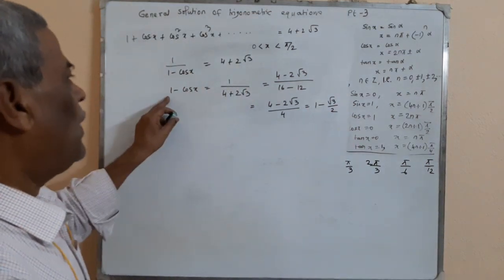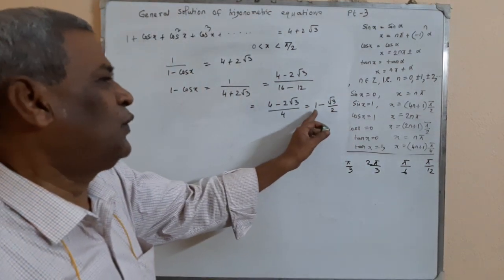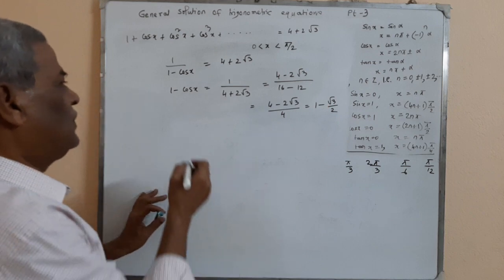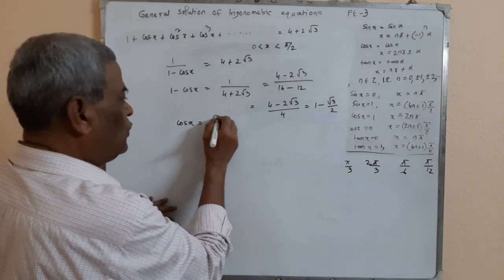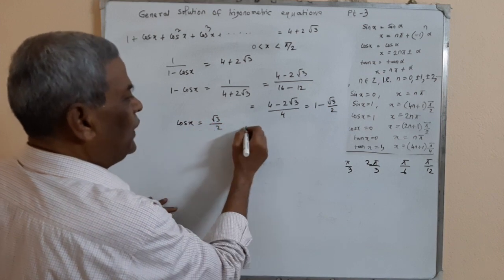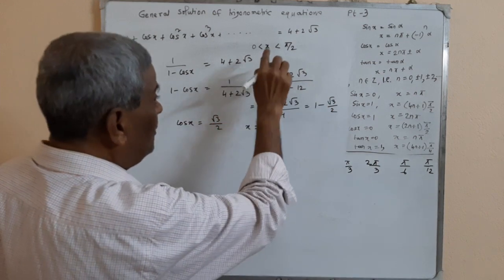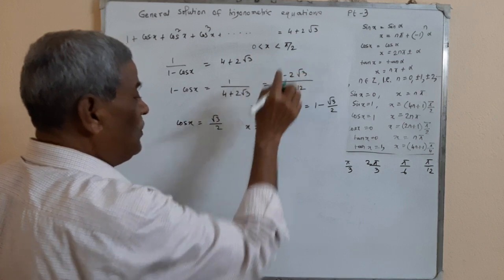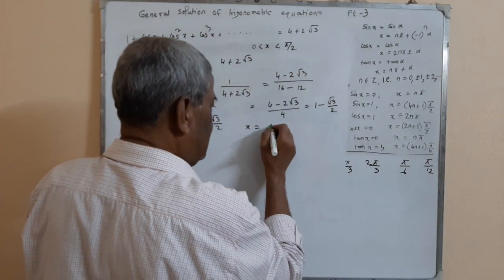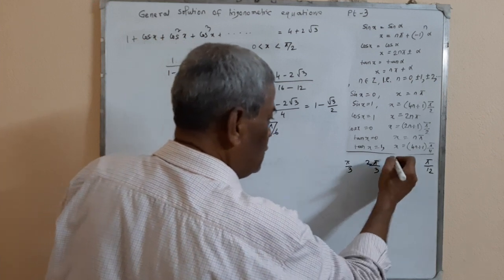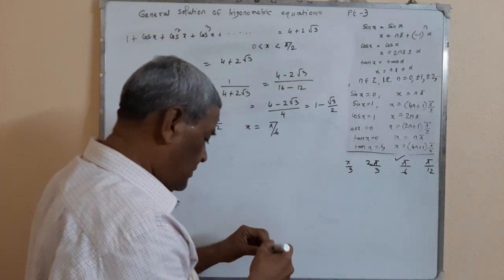So we get 1 minus cos x is equal to 1 minus root 3 by 2. That is cos x is equal to root 3 by 2. So x is equal to, and mind that x lies between 0 and pi by 2, x is equal to pi by 6. So this is the correct option.